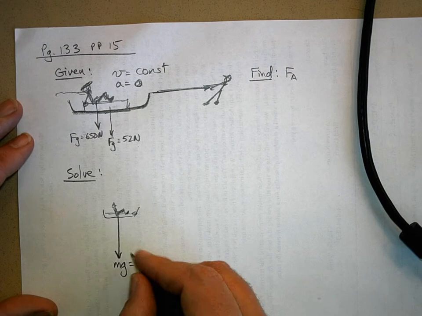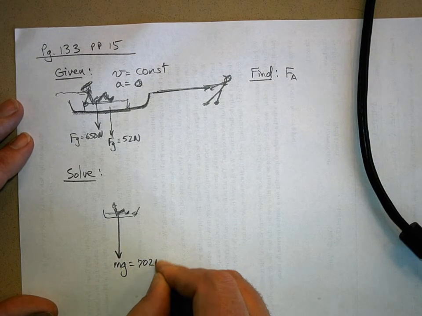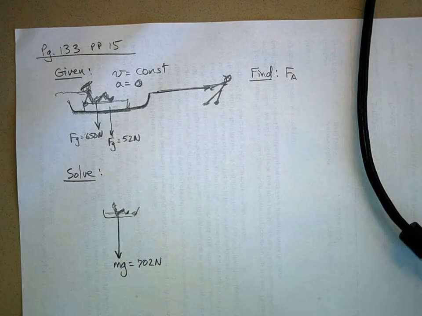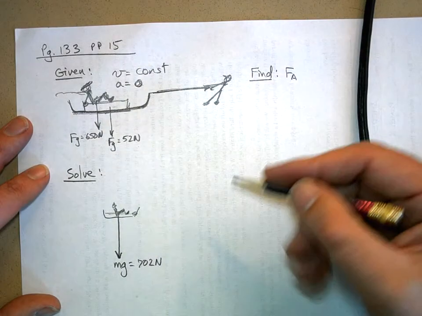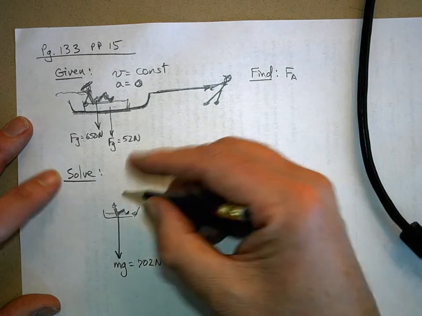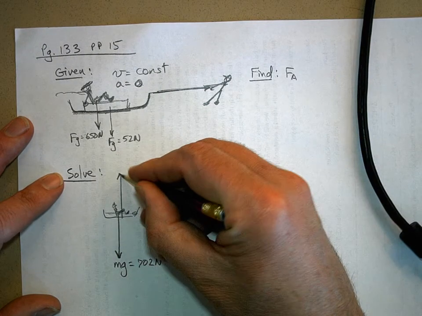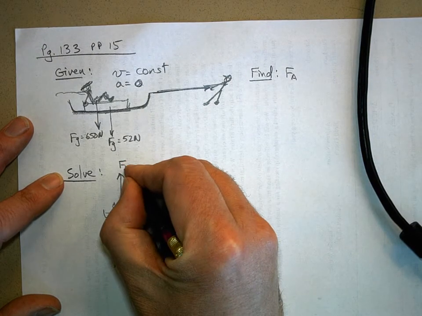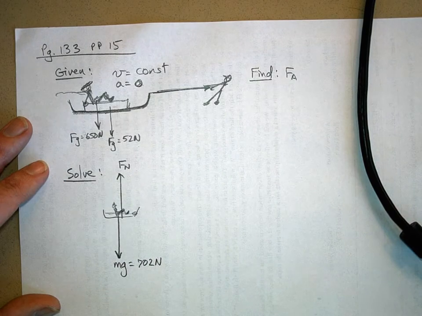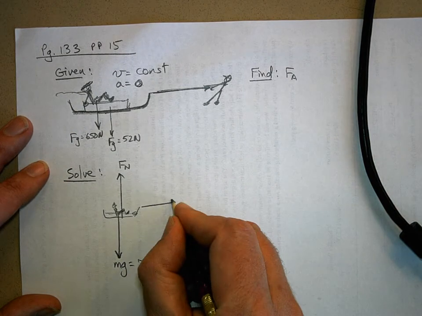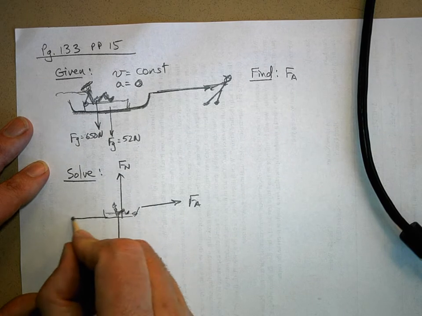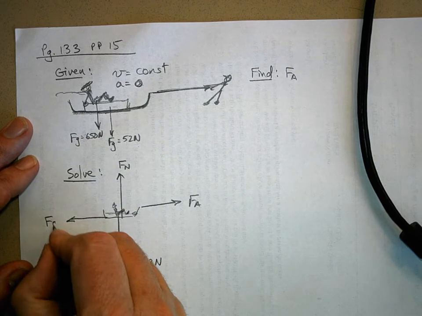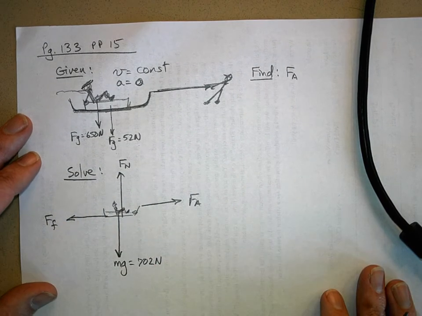This is 702 newtons, isn't it? Why, thank you for paying attention. All right, and then the sled is not sinking into the snow and it's not flying in the air, so we have a normal force that's supporting all that weight. Then we've got somebody pulling on it. There's my applied force, and then I've got a force of friction holding it back.